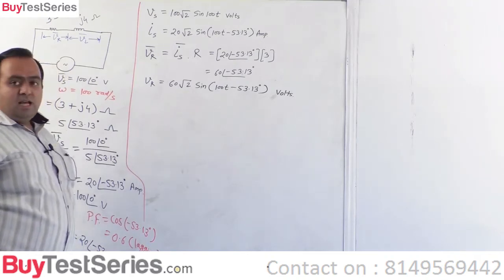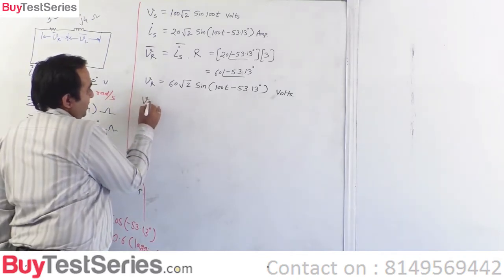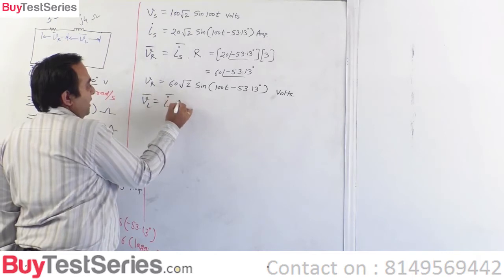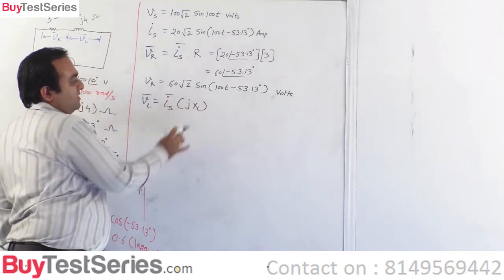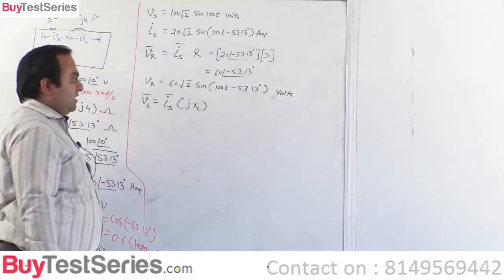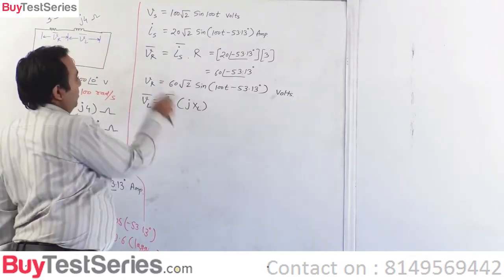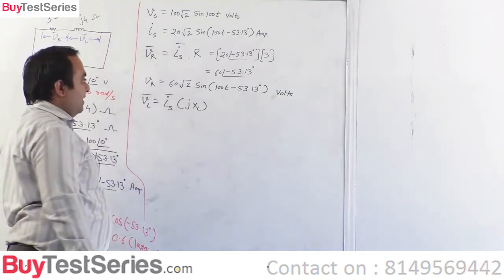Now we can calculate VL. What is VL? VL is IS phasor into jXL. XL phasor is jXL. Here XL is a number, which is 4 ohms, so we always write it with a j. You know the reason why.